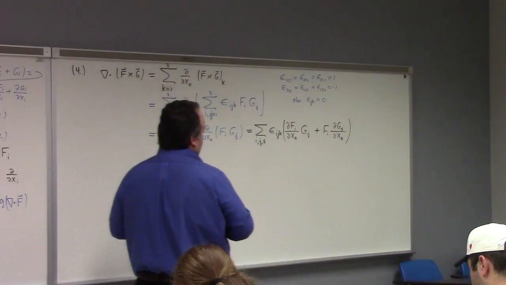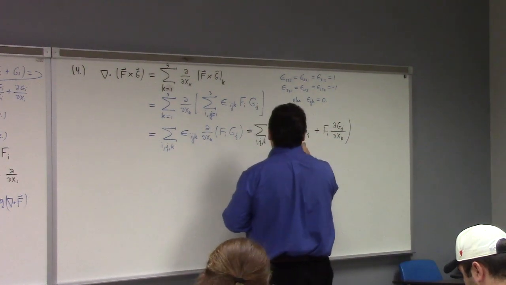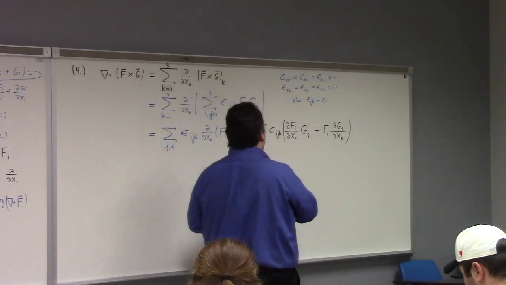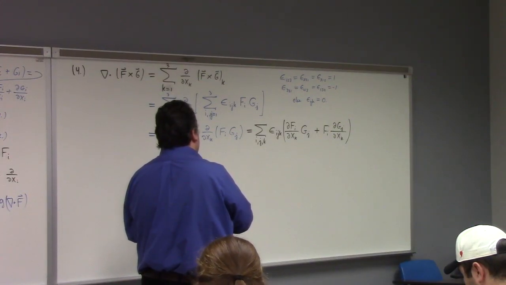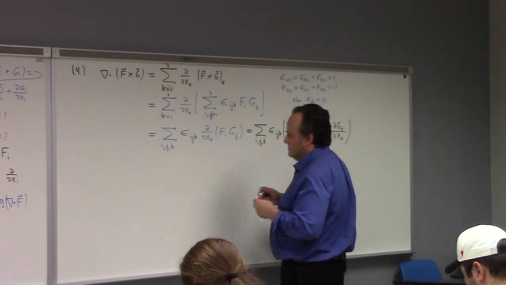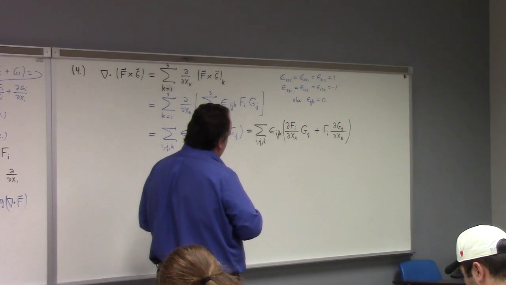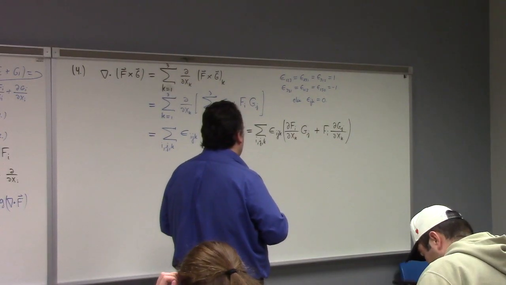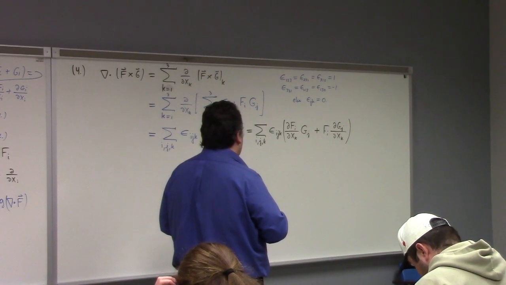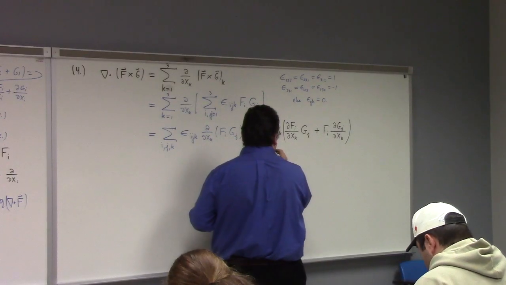Now I've got to be careful. All right, so I can rewrite that as, I'm going to do the sum over j out.